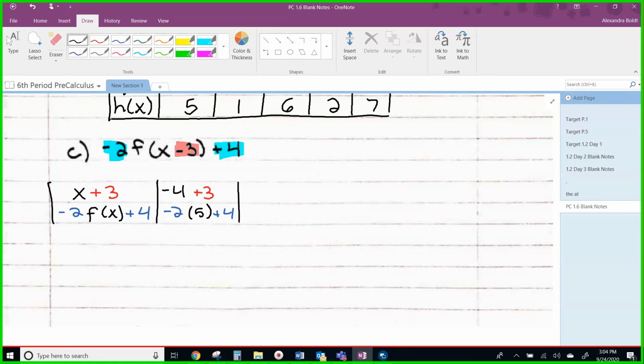And I'm going to do that for every single part. So then I have negative 2 plus 3. Negative 2 times 1 plus 4.